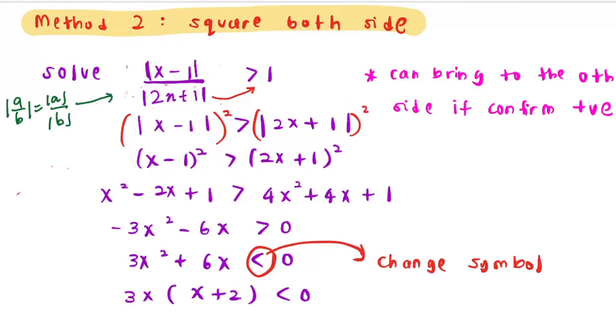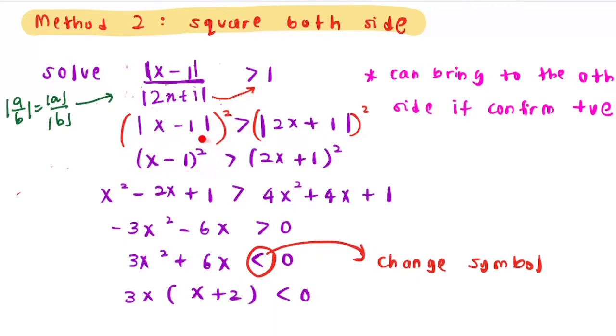What happens when we square both sides? The absolute value will disappear, because a square is always positive, so we don't need absolute value anymore to maintain the positivity. So just square both sides and then drop the absolute value sign.